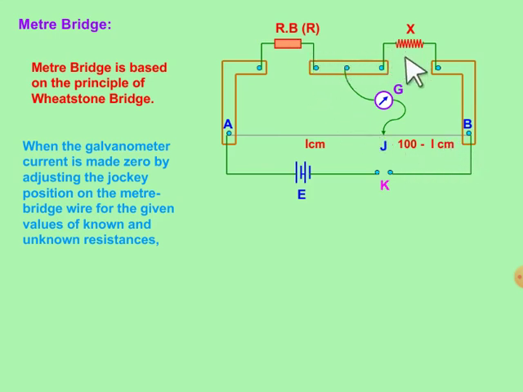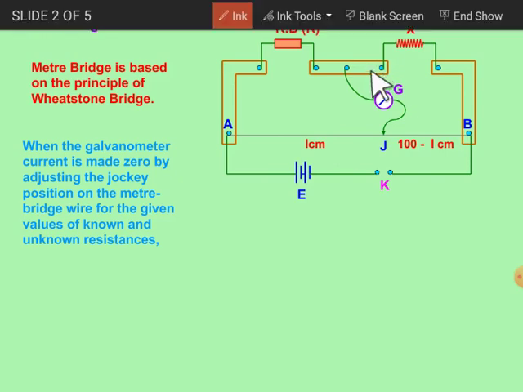So what happened? Your R by X will be equal to K times L divided by K times (100 minus L). When you cancel K, you will get R by X equal to L by (100 minus L), where K is nothing but the resistance per unit length of this potentiometer wire.